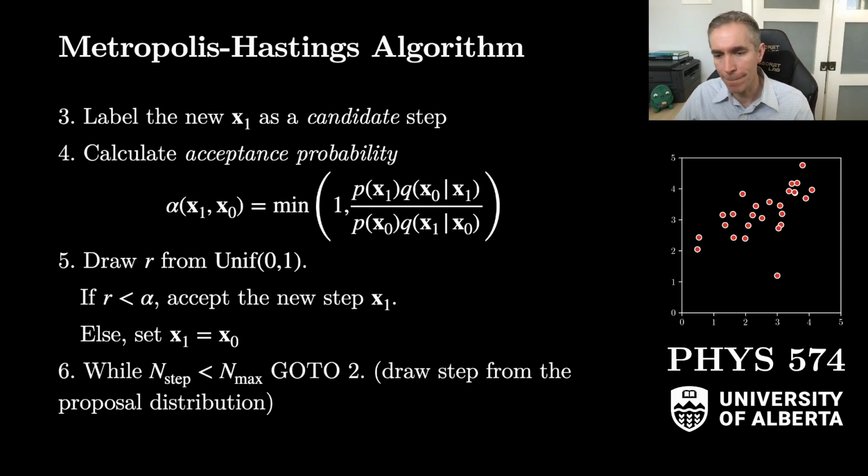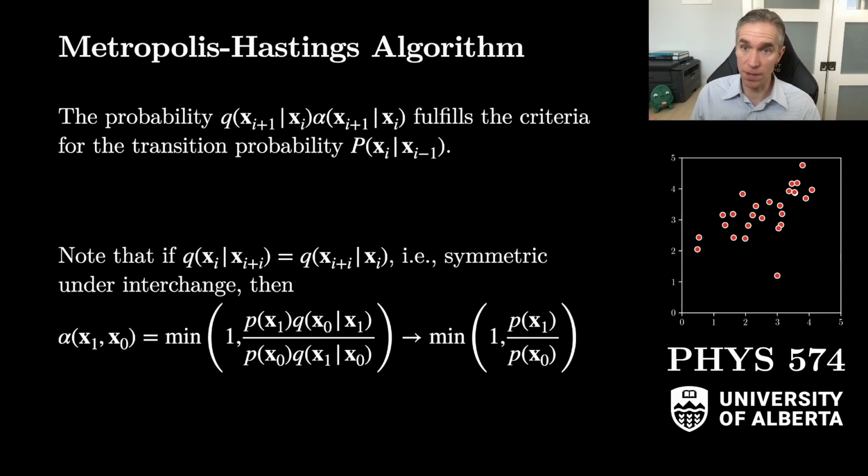Okay. So setting this up, the genius of the Metropolis-Hastings argument is that this quantity, Q, the proposal distribution of x_{i+1} given x_i, times the transition probability of going from x_i to x_{i+1}, fulfills all of the criteria that we need for a transition probability that will fulfill the conditions of detailed balance, and we get a nice sampler from our PDF.